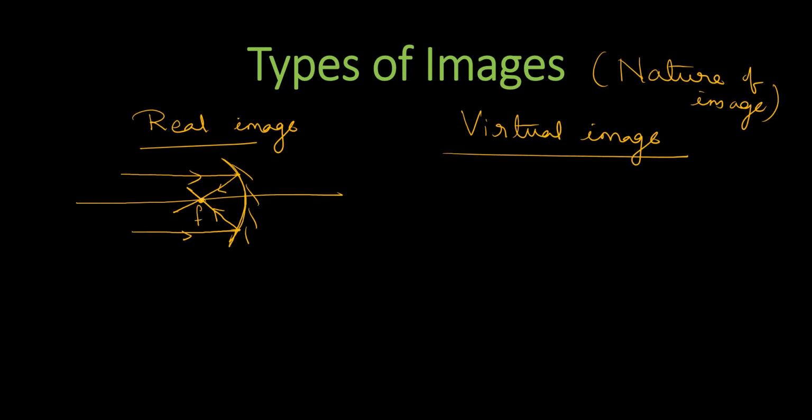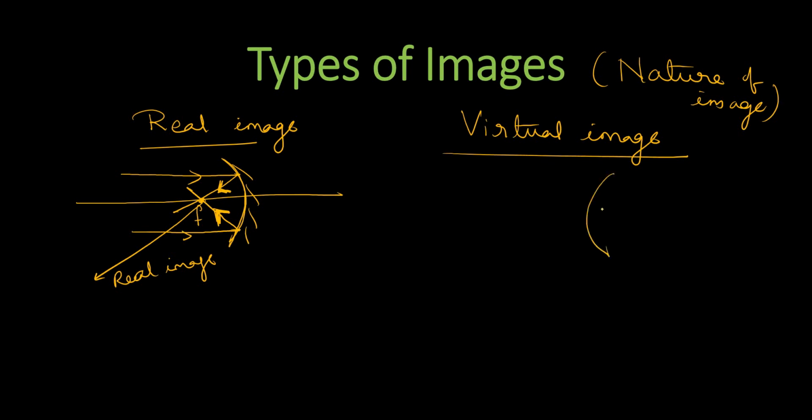That point is known as the principal focus. Here the image is formed by actual intersection of the reflected light rays, so this image is a real image. So a real image is an image that is formed by actual intersection of reflected or refracted light rays.